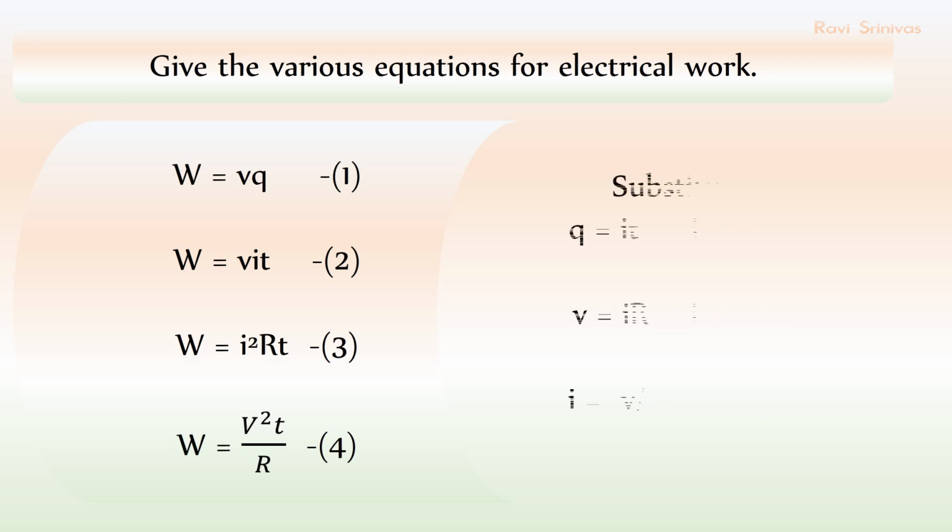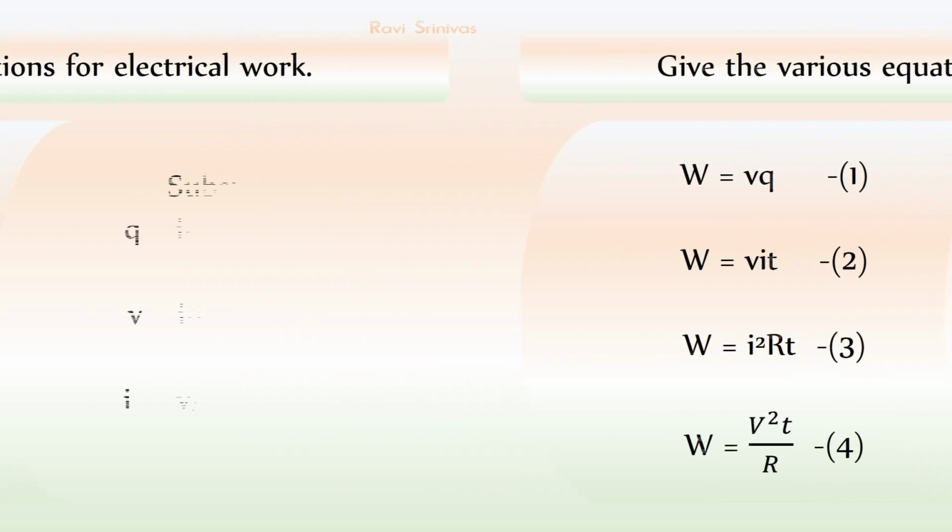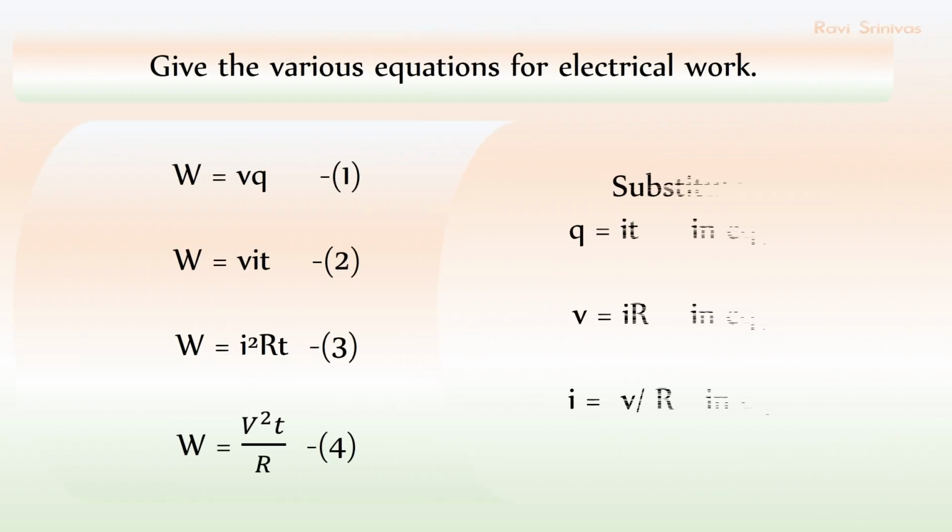In equation 3, for I, we substitute V by R, which is again from Ohm's law, and we get the fourth equation W equal to V square t by R. For solving problems based on the given data, we can select the suitable equation.